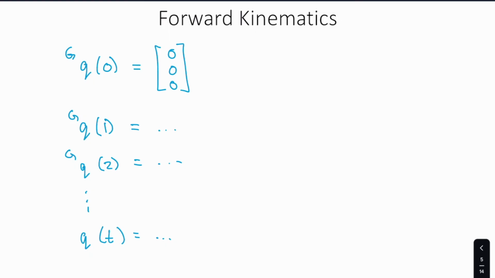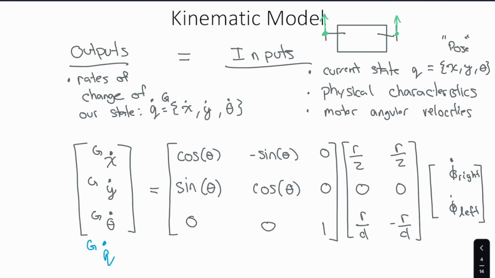Well, if you've taken a calculus class recently, you probably have something like this in mind. Q at time t is equal to the integral from time 0 to time t of our equation from the previous slide, this one here. And let me label these other matrices just to make our lives a little bit easier.